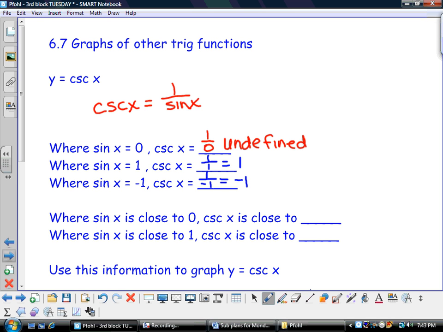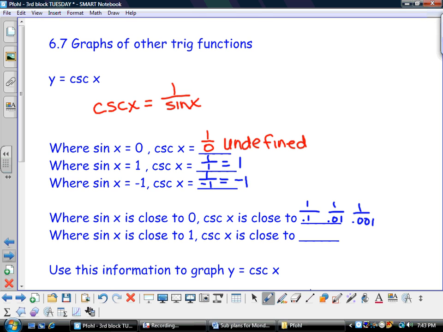When sine of x is close to 0, cosecant would be close to 1 over 0. So it'd be something like 1 over 0.1 or 1 over 0.01. Type those in on your calculator. What's 1 over 0.1 or 1 over 0.01 or 1 over 0.001?